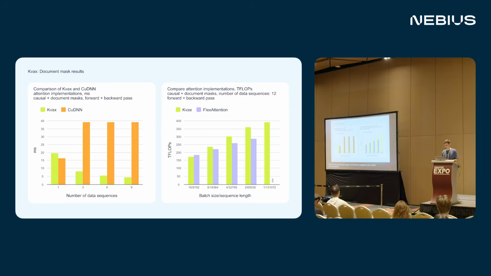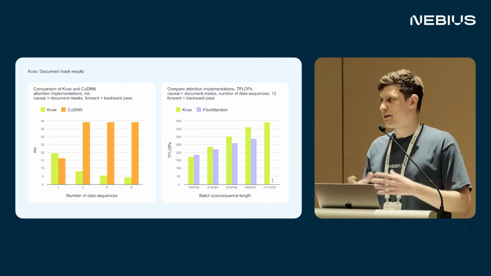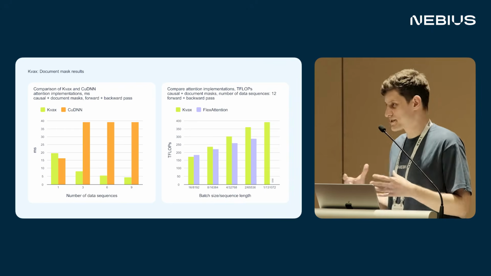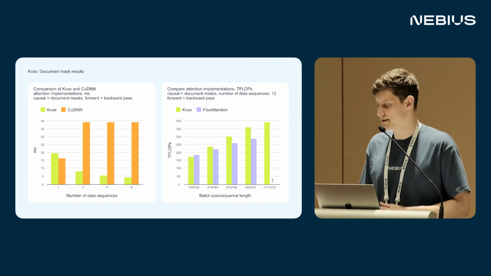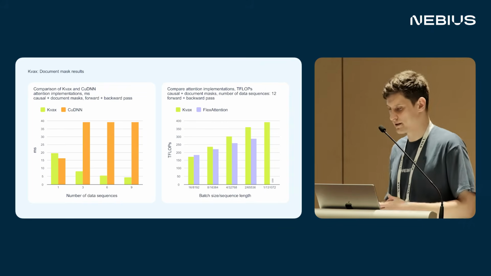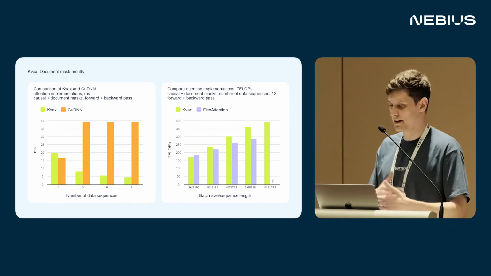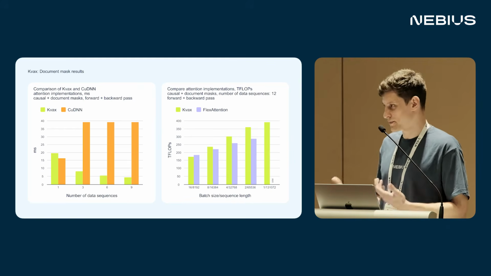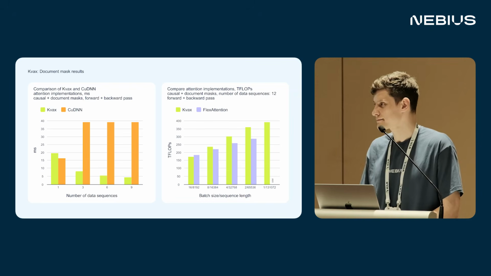For example, for a context length of around 1,000 tokens, it might work similarly to even the standard attention implementation. But if we are speaking about a context length of 8,000 and more, then Kvax becomes really efficient in these cases. Okay, thank you.